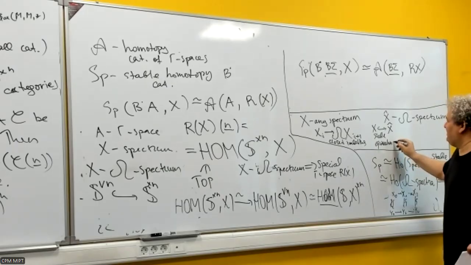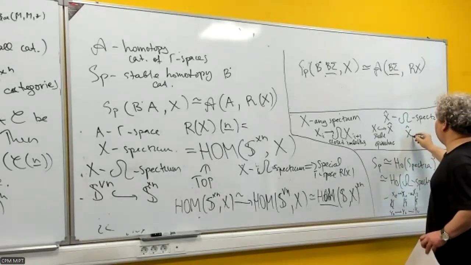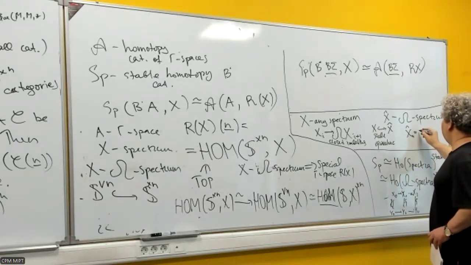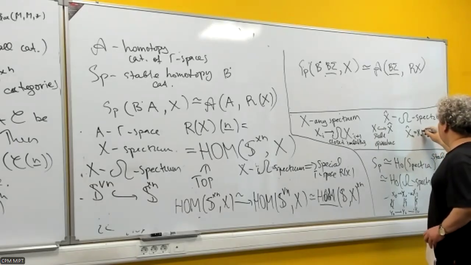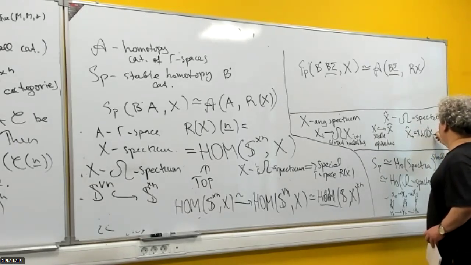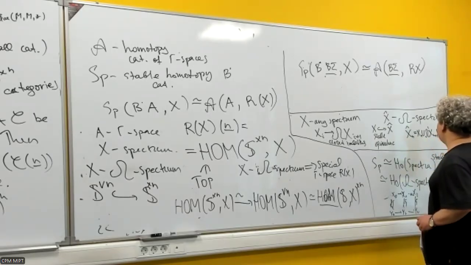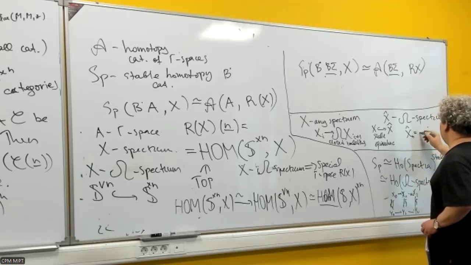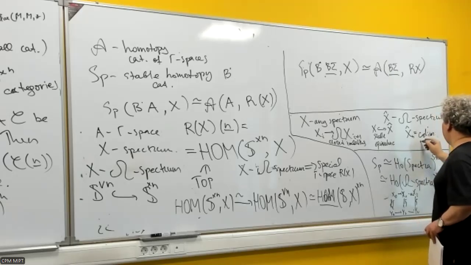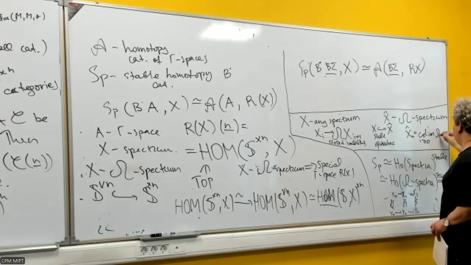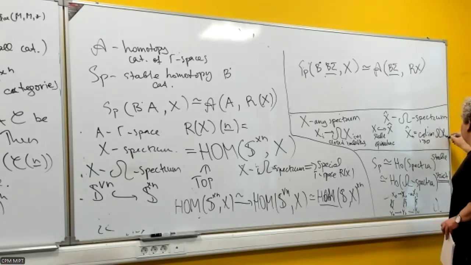I will give a formula for X prime. The formula is the following: Xn prime is the union of Xn and omega 1 of Xn plus 1, union in the sense of embeddings. So we take the colimit over i greater or equal than 0 of omega i Xn plus i.